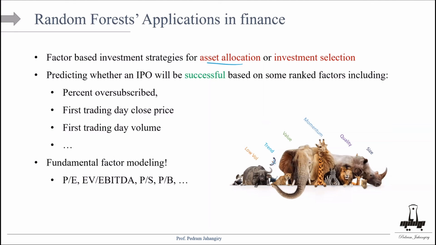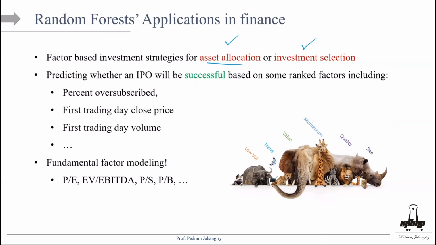For example, what percentage should go to equity, what percentage goes to fixed income, and then among those equity and fixed income, for example, what sector of the equity, what duration of the fixed income, and things like that. In random forest, we can do the same by looking at the feature importance, right? We can rank the feature importance and then weight the asset allocation based on the ranks of the feature importance. So this is something that we can do.